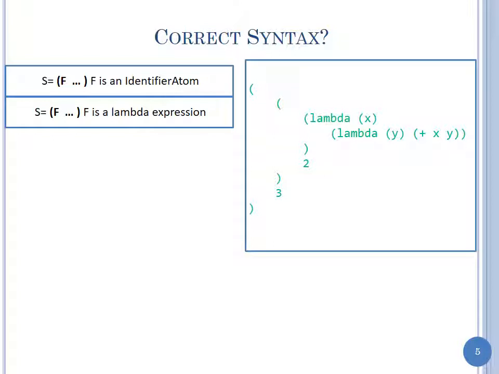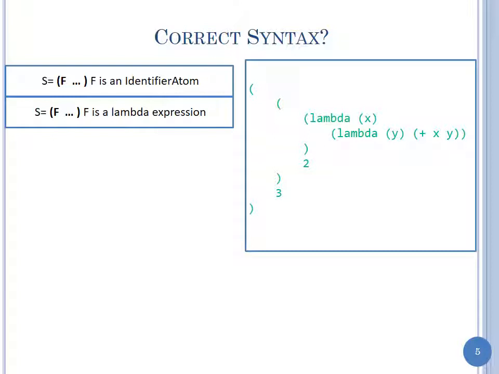So now you said something about func call. Did I need a func call somewhere here? You wouldn't because of parentheses? So here's the syntax. When we call a function, we can say something like this, where f is an identifier atom, or f should be a lambda expression.